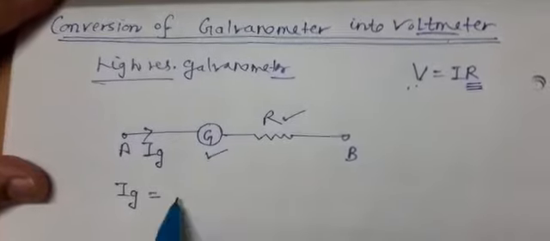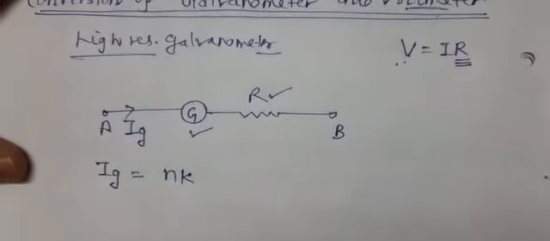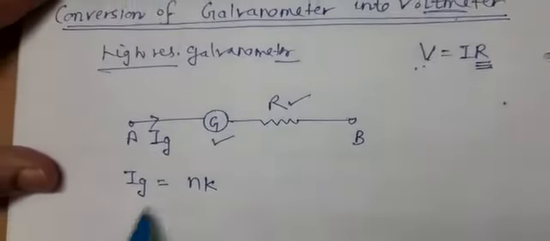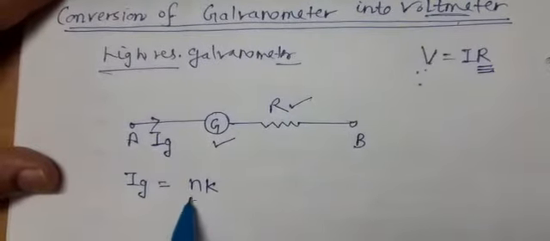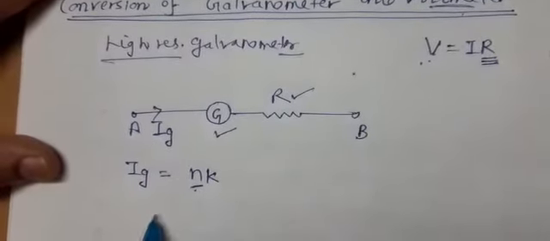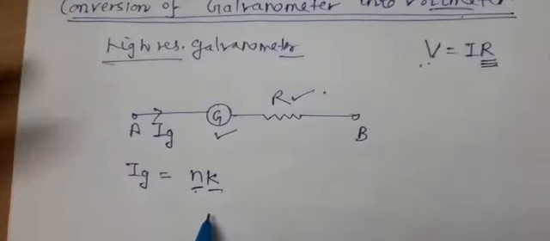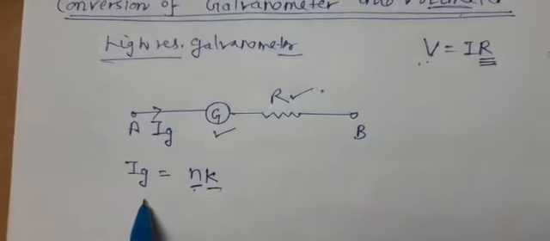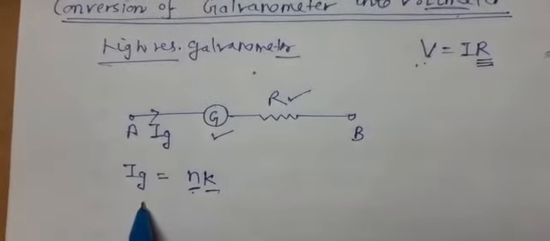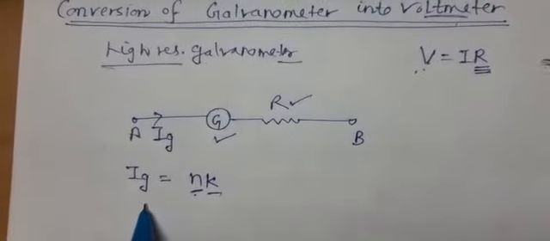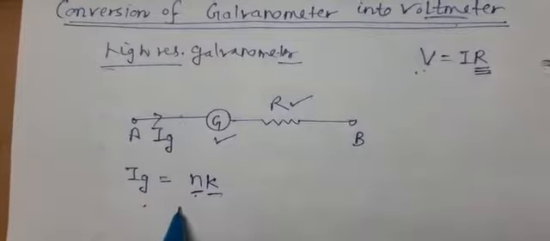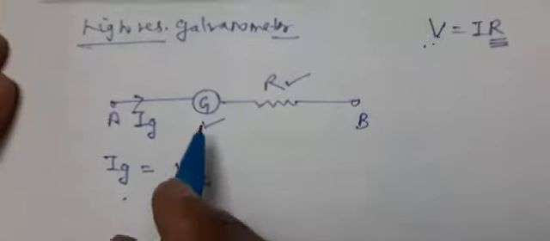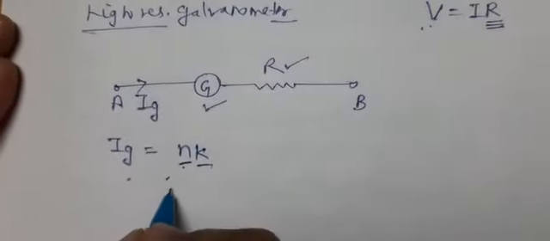Basically, the current which produces full scale deflection in the galvanometer will now be N into K. We have already explained in the previous part how this concept is measured, because here N refers to the number of scale divisions, and K is the current for 1 scale deflection. So the total current for the complete circuit, that is full scale deflection, comes out to be Ig, that is N into K. Now within this circuit, what will be the total resistance?